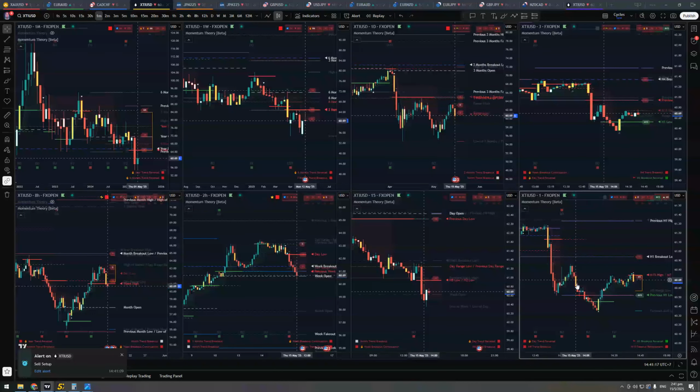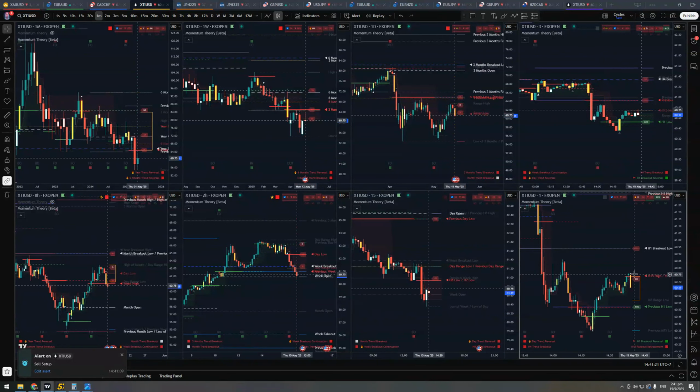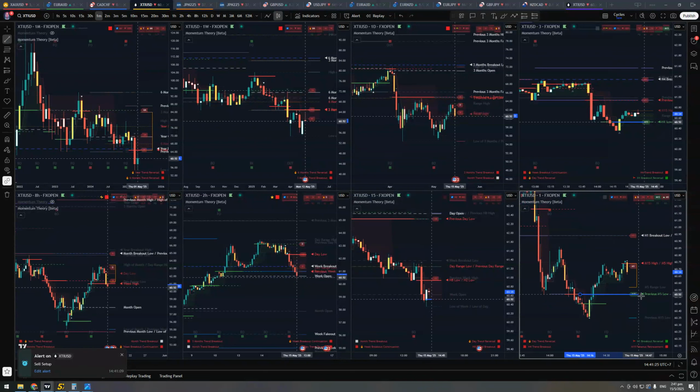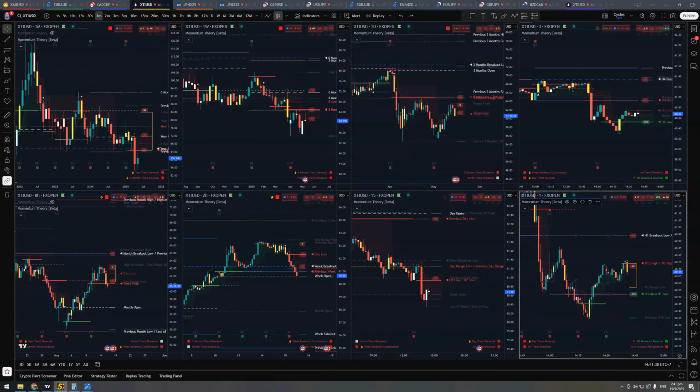Okay, oil is setting up here, pulled back on the M15, faking out the high. This is a fake out retracement move back to that breakout level. This is an aggressive entry. I don't mind taking this one.